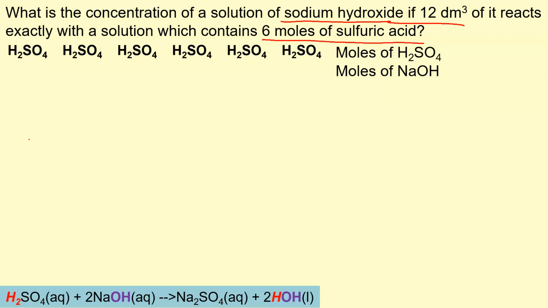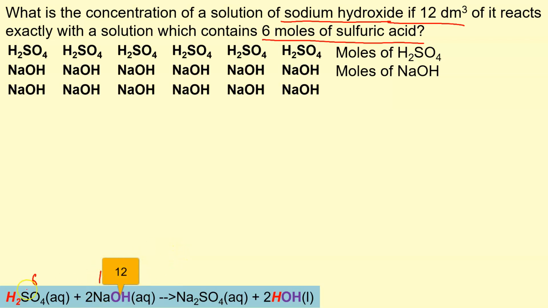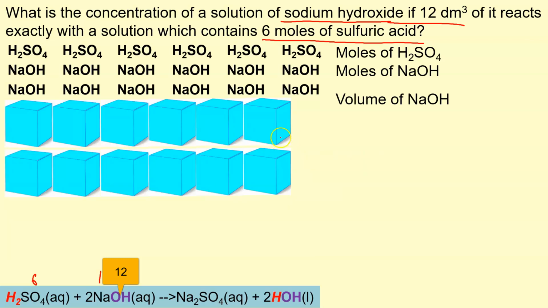If we have 6 moles of sulfuric acid, it will react with twice the number of moles of sodium hydroxide, so it will react with 12 moles of sodium hydroxide. The volume of sodium hydroxide is 12 decimeters cubed.